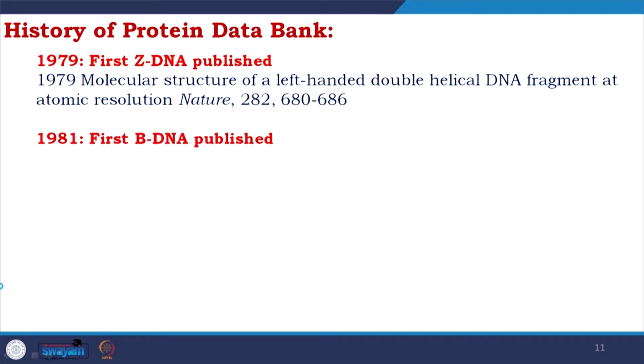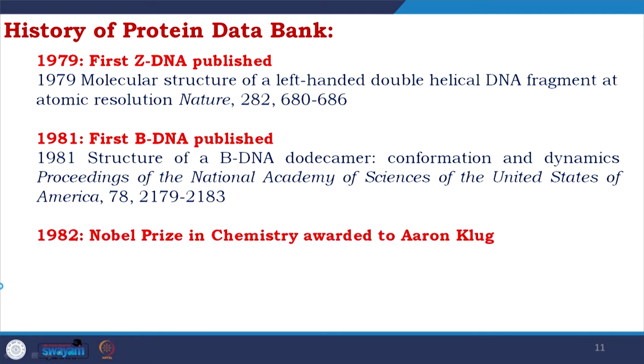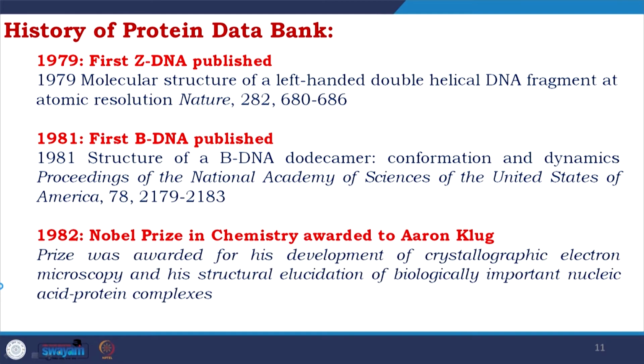In 1981, first B-DNA published. In 1981, structure of a B-DNA dodecamer, conformation and dynamics, Proceedings of the National Academy of Sciences of the United States of America. 1982, Nobel Prize in Chemistry awarded to Aaron Klug. The prize was awarded for his development of crystallographic electron microscopy and his structural elucidation of biologically important nucleic acid protein complexes.